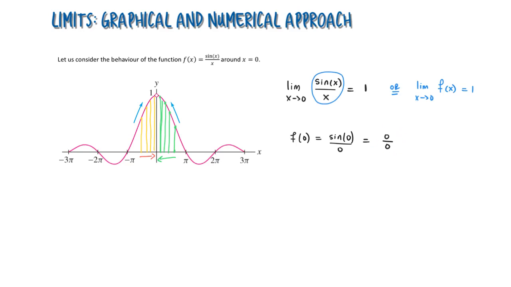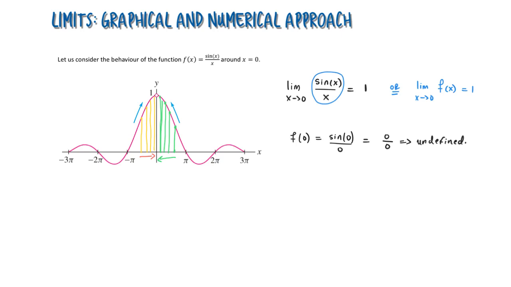This is saying that there is no y value when x is equal to 0. This is actually undefined. So this is why when you look at the graph, you're going to see an open circle right here. The function is undefined at 0, but the limit exists. The limit is equal to 1.